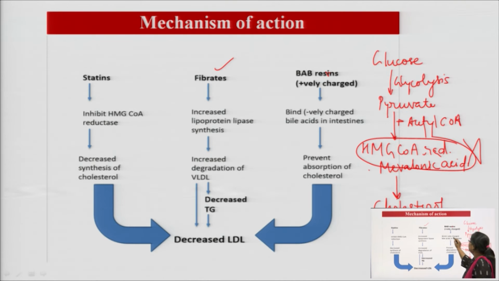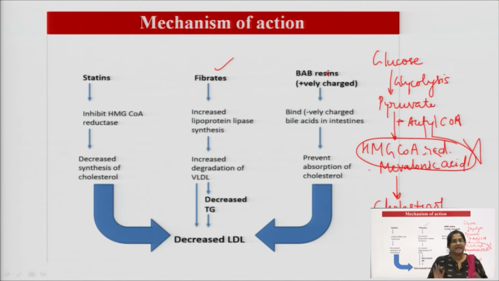If they bind with the negatively charged bile acids present in the intestine, then there will be prevention of absorption of cholesterol. So, this way your BAB resins will work.